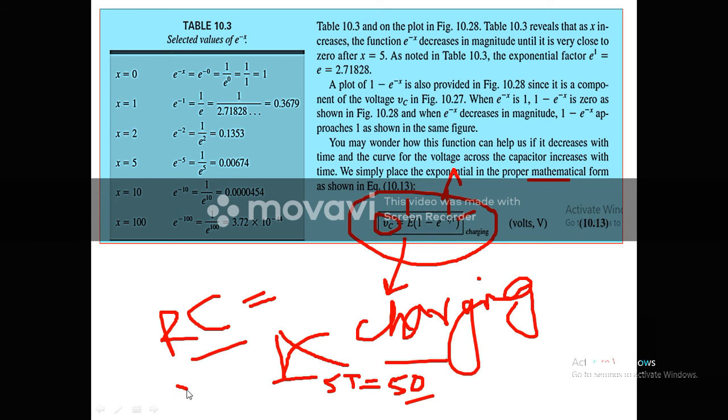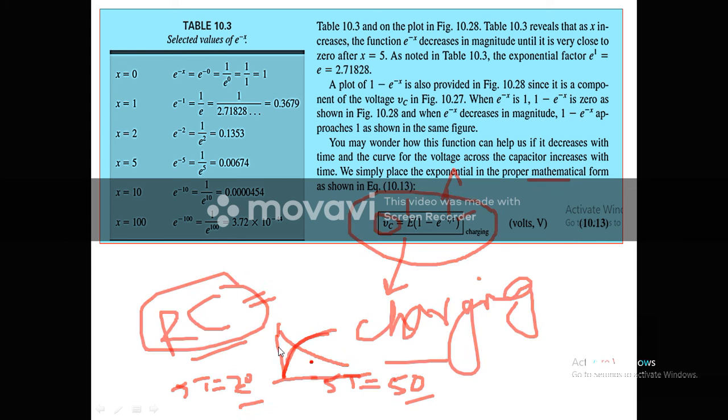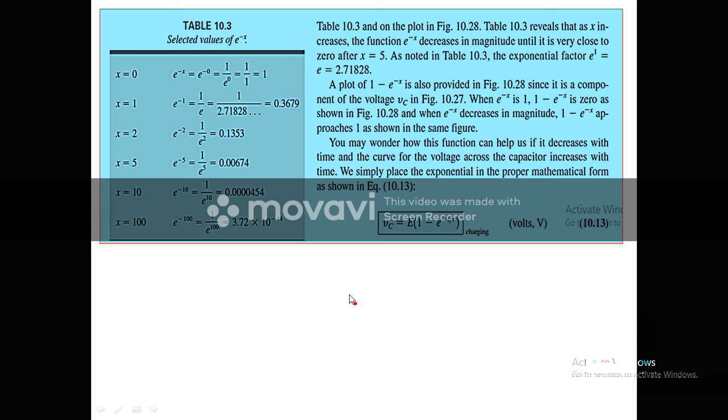And if 5 tau is equal to, for example, 20 seconds, then the rate is faster and it will charge quickly in 20 seconds or discharge in the same time period, that is 20 seconds. So we can say that RC defines the rate, the speed of charging and discharging, that is, how speedily it will charge or discharge. But the value for complete charge and discharge is 5 tau.